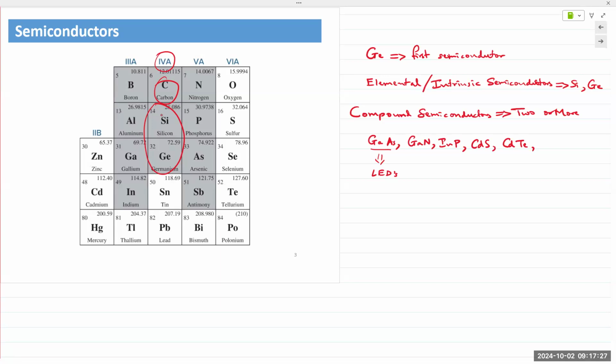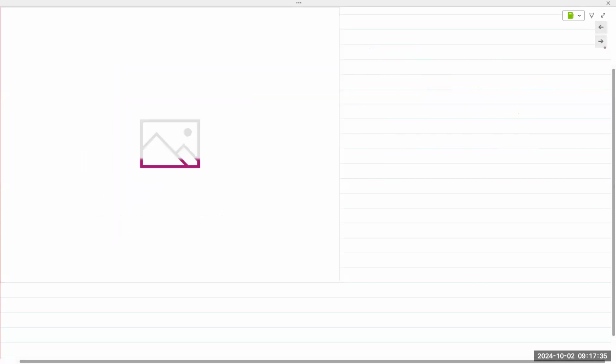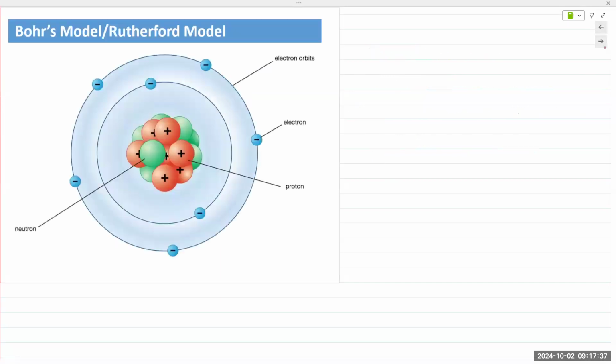Now, silicon, germanium, carbon, they all have 4 electrons in their outermost shell. So let's take a look at the atomic structure. In the early 1900s, Niels Bohr modified the prevailing model of an atom, which was the Rutherford model.